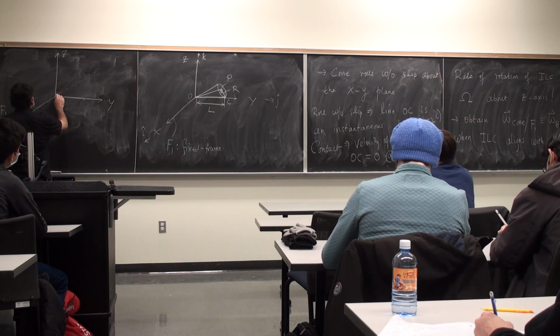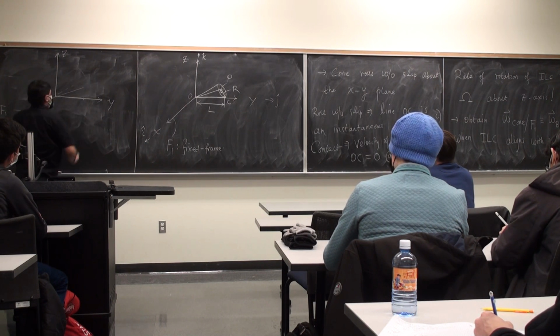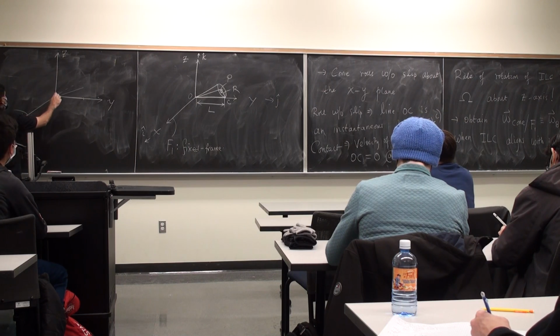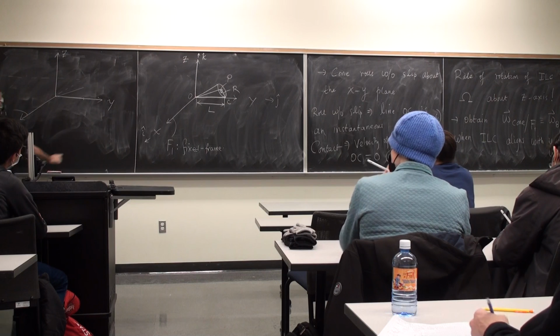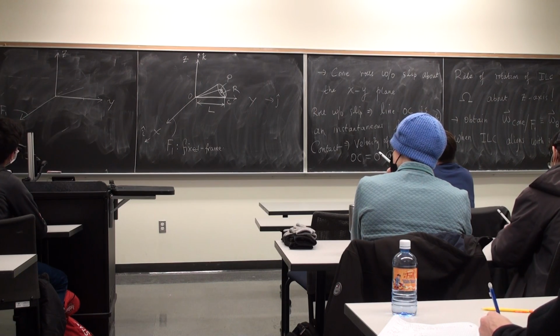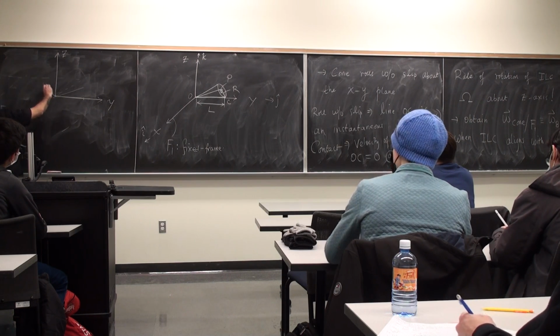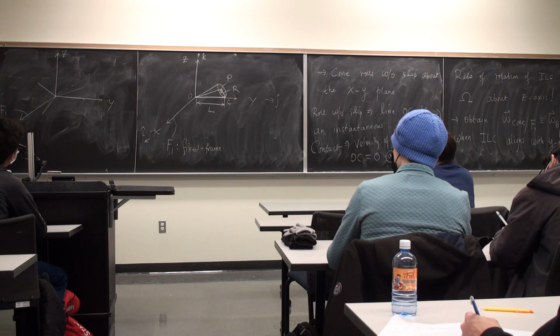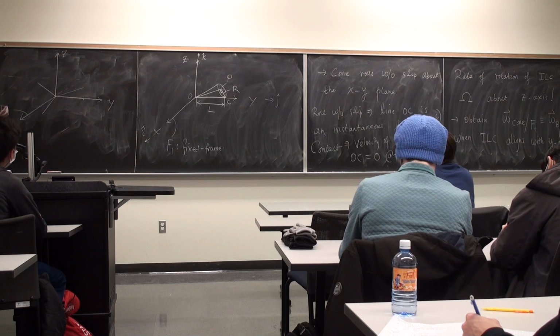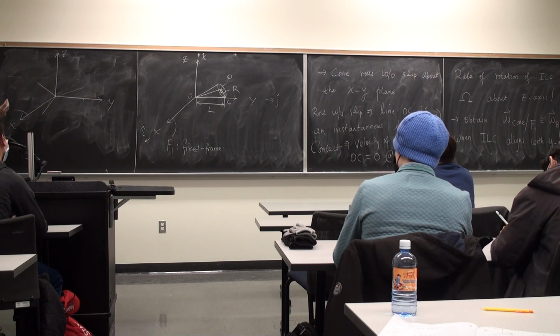It's probably going to be somewhere here. At the next instant in time, if this is the plane that I'm looking at, the line of contact will be somewhere there. The next instant in time, the line of contact will be somewhere here. So this line is rotating about the z-axis at a rate of omega.